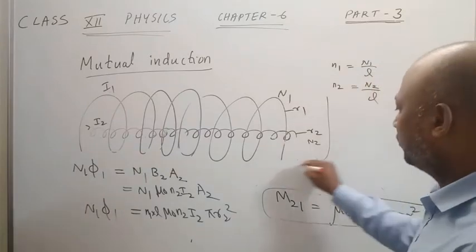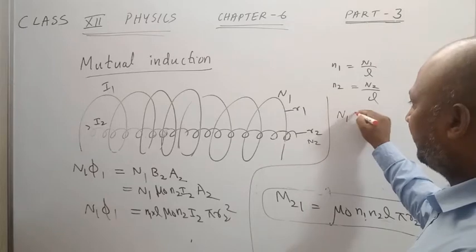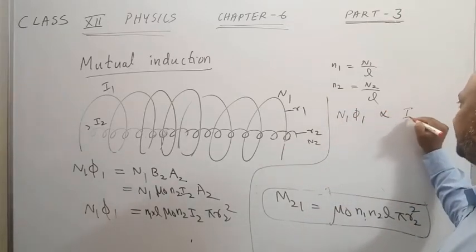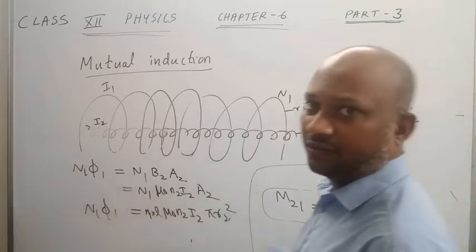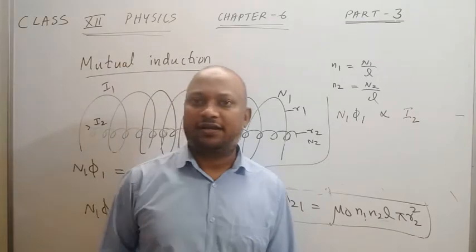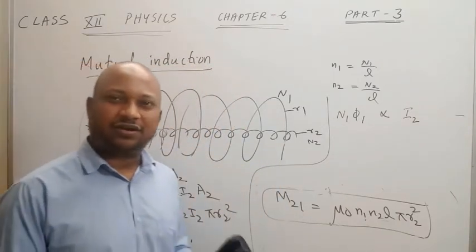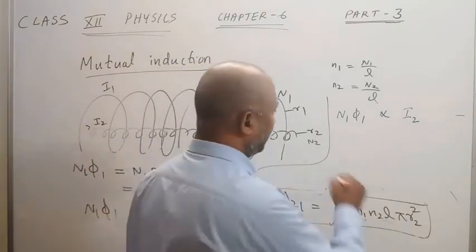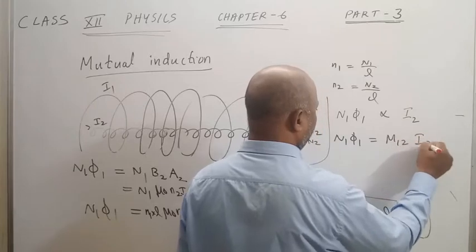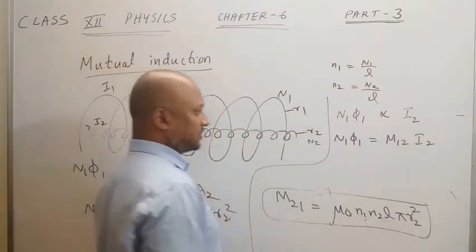Then by induction we can say that the flux is directly proportional to what? The current. Flux in the first conductor is proportional to the current in the second conductor, because the current through the second conductor only creates the flux. So N1 phi is equal to M12 I2, meaning the mutual inductance of the first conductor with respect to the second conductor.